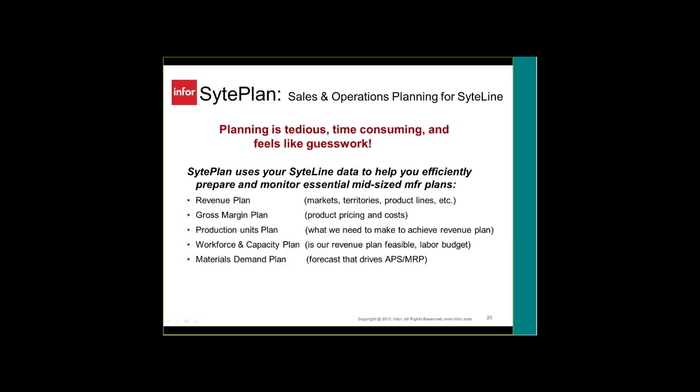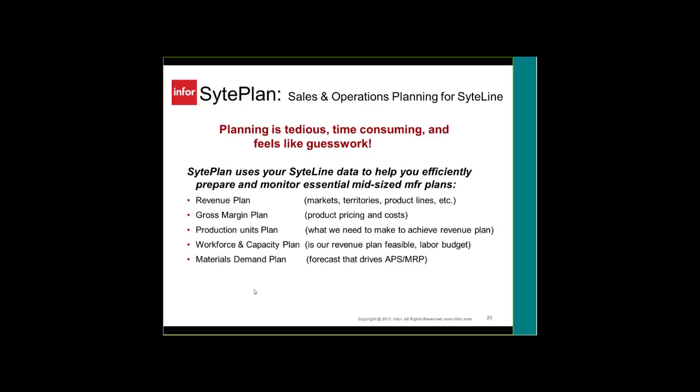So these are the types of plans that SytePlan helps you with developing: a revenue plan, a gross margin plan, a production units plan, and all three of these are multi-dimensional. And by that I mean the plan isn't just by item or by product line. It can be by territory, by product line, by customer type, by market.